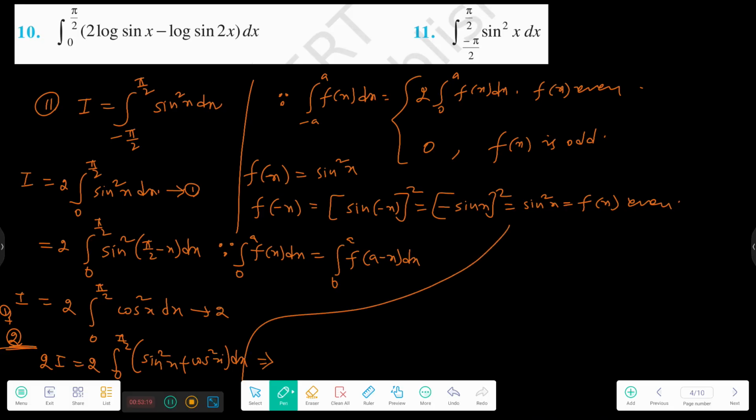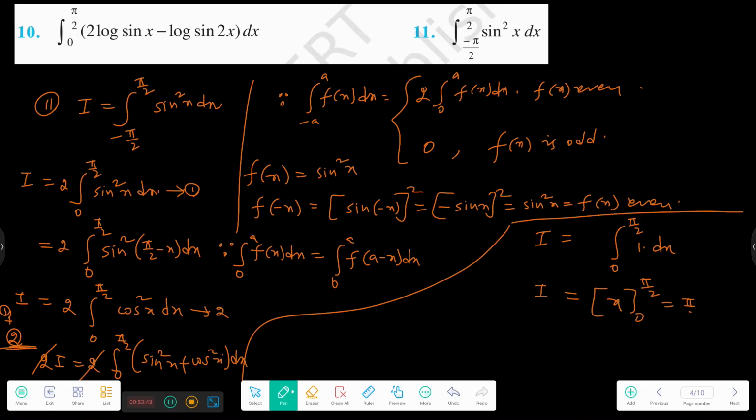So here 2 you can cancel, so just write I is equal to integral 1 into dx, which is integral x from 0 to pi by 2. Apply upper limit minus lower limit. Then I is equal to pi by 2, which is our required answer for question number 11.